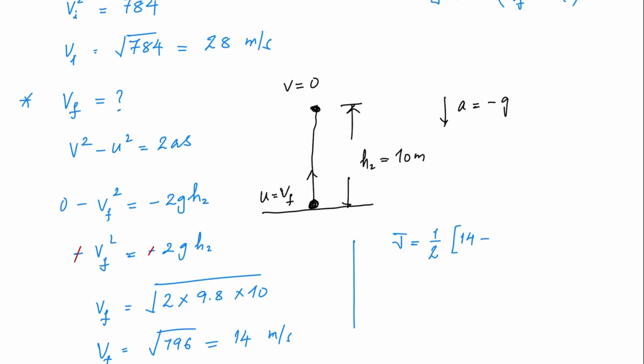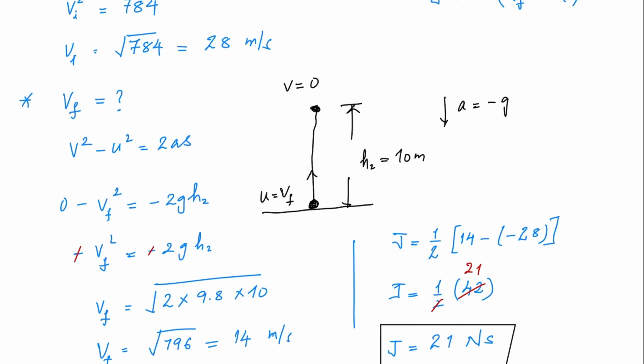They are directed opposite, so one is to be taken positive and the other negative. So minus 28 will give me J is equal to 1 by 2 times 42, since 28 plus 14 gives 42, and simplifying this, I get 21, which will be the impulse, equal to 21 Newton second. This is the answer. The impulse imparted on the ball is 21 Newton second.